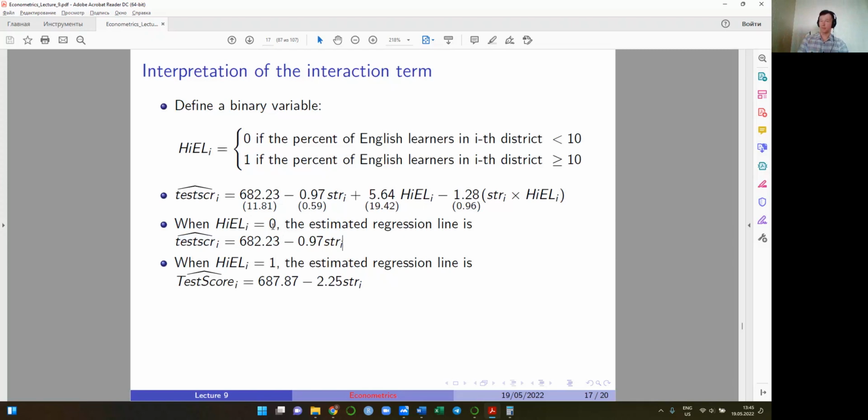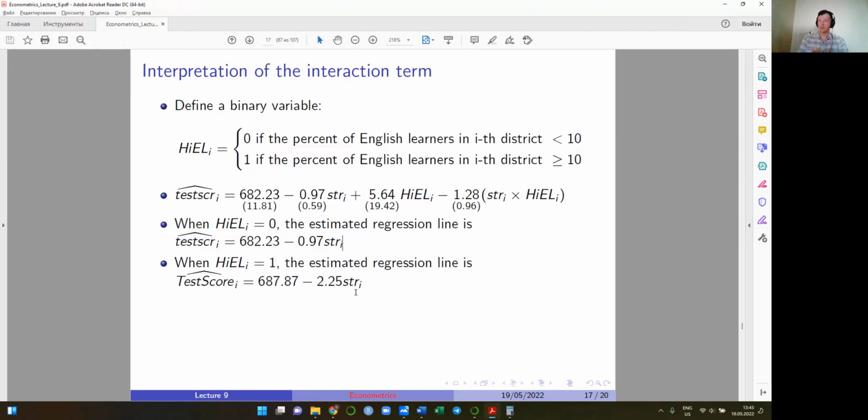If a district has a small fraction of English learning students, then a reduction in the class size affects test score slightly, right? So 0.97 is a small effect. While for the districts with a large percentage of English learners, the effect is stronger, 2.25.